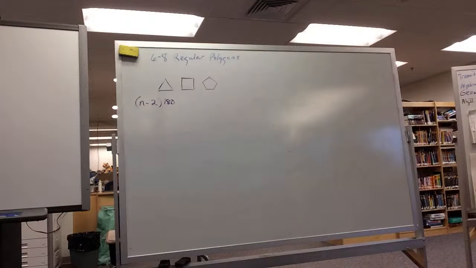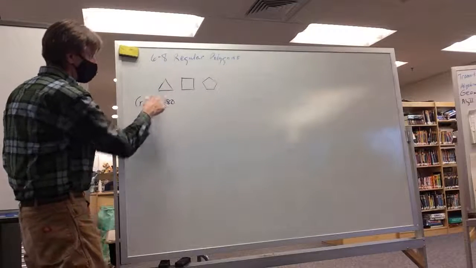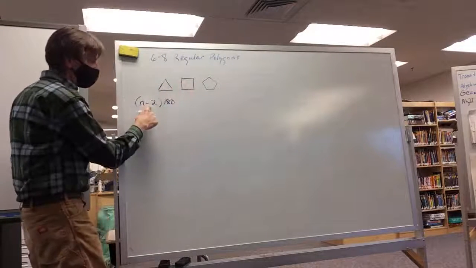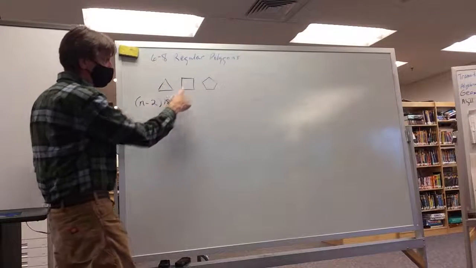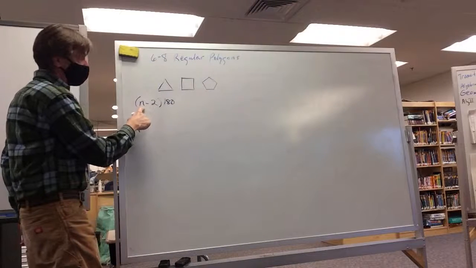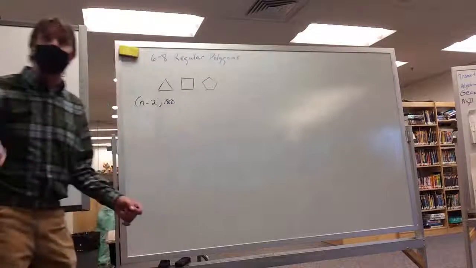That's the total, right? This is how you find the total number of degrees. So with a triangle, 3 minus 2, which is 1 times 180. A square is 4 minus 2, 2 times 180 is 360. And then this is 5 minus 2, which is 3. 3 times 180 is 540. So that's the total number of degrees.